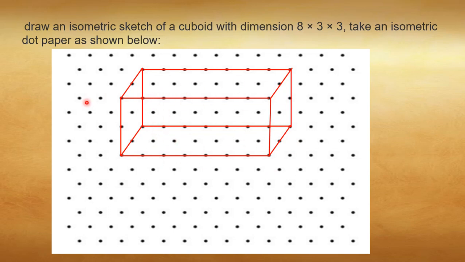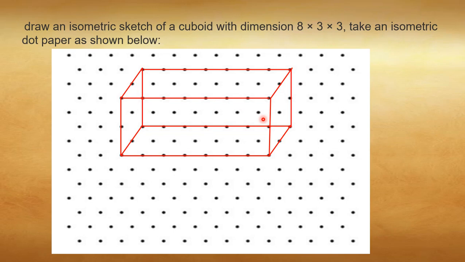It is different from that oblique sketch, as here the measurements are not varying, as it gives the proper sketch for the 3-dimensional object cuboid of dimension 8 into 3 into 3. So the difference between the isometric sketch and oblique sketch is, the oblique sketch gives the idea of a 3-dimensional object.